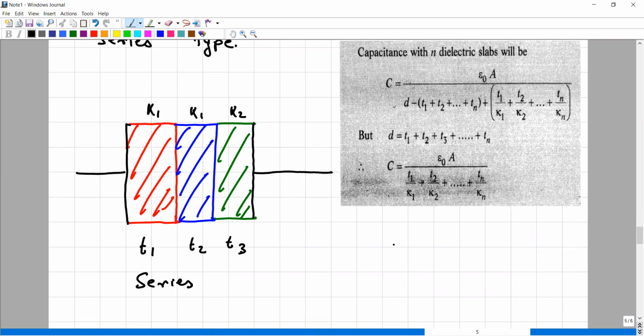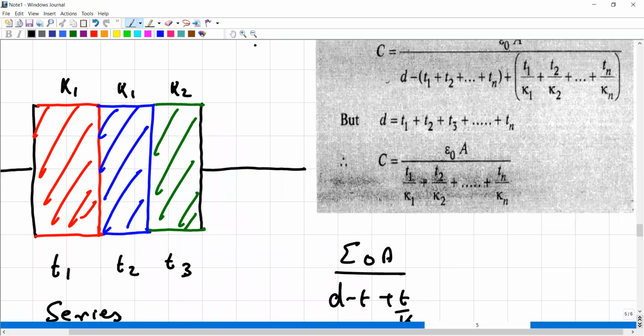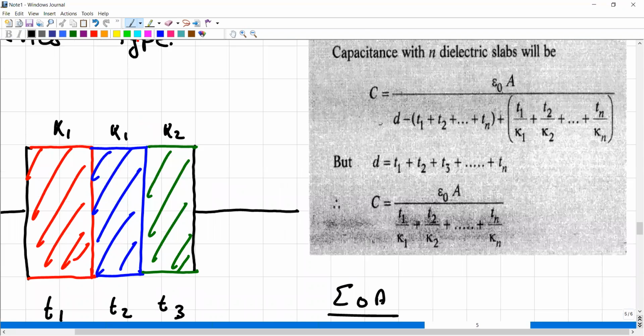Now, our original formula that we derived for this dielectric type was epsilon naught A by D minus T plus T by K. But when we derived this formula, we did it for one single slab, isn't it? One single slab having a thickness T. But now that we have multiple slabs, our formula would change a bit and it will become like this.